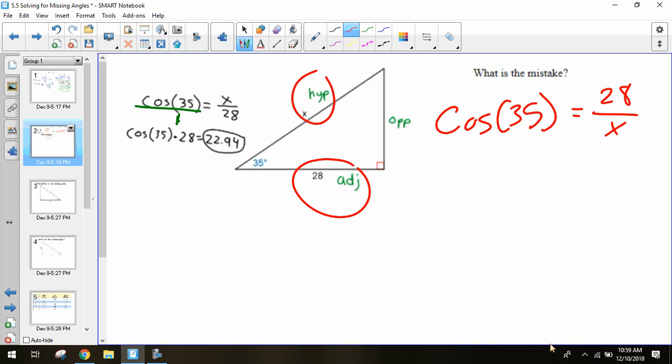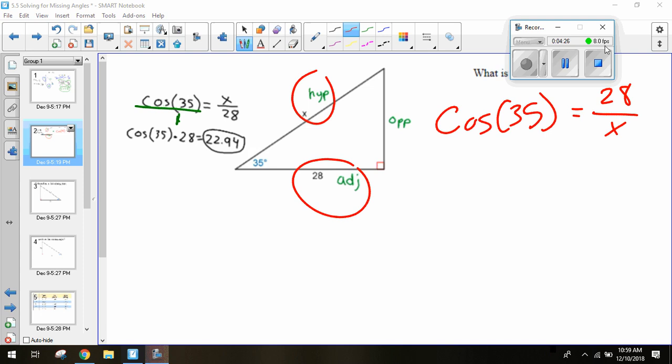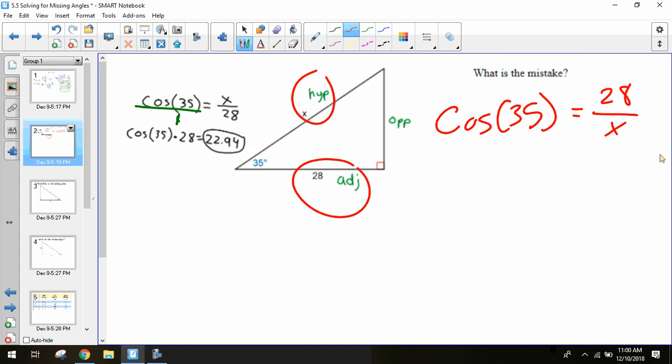So see if you can go through and find the answer to this one. Just a moment. So what do we find cosine of 35 to be? 0.819, that equals 28 over x. What did you do from here?